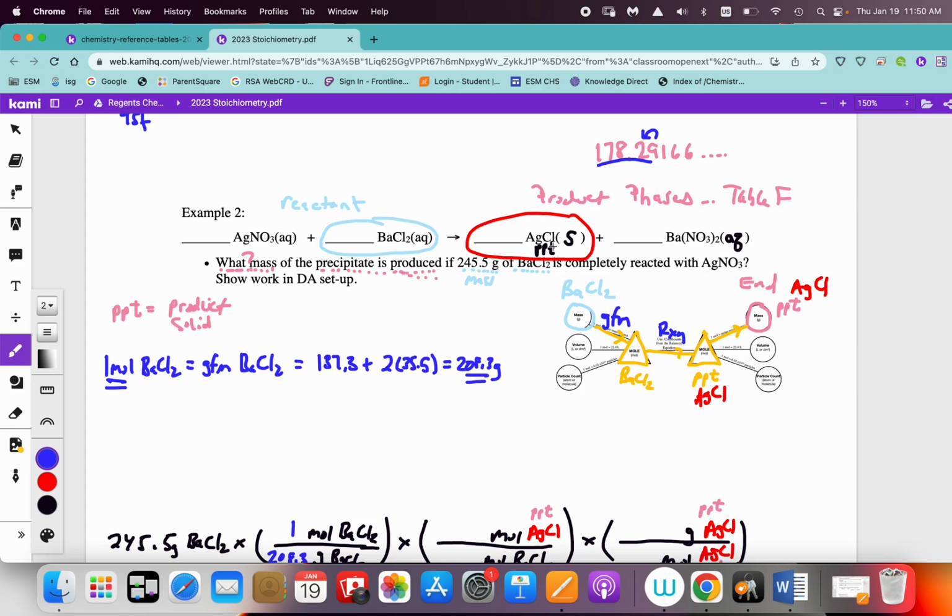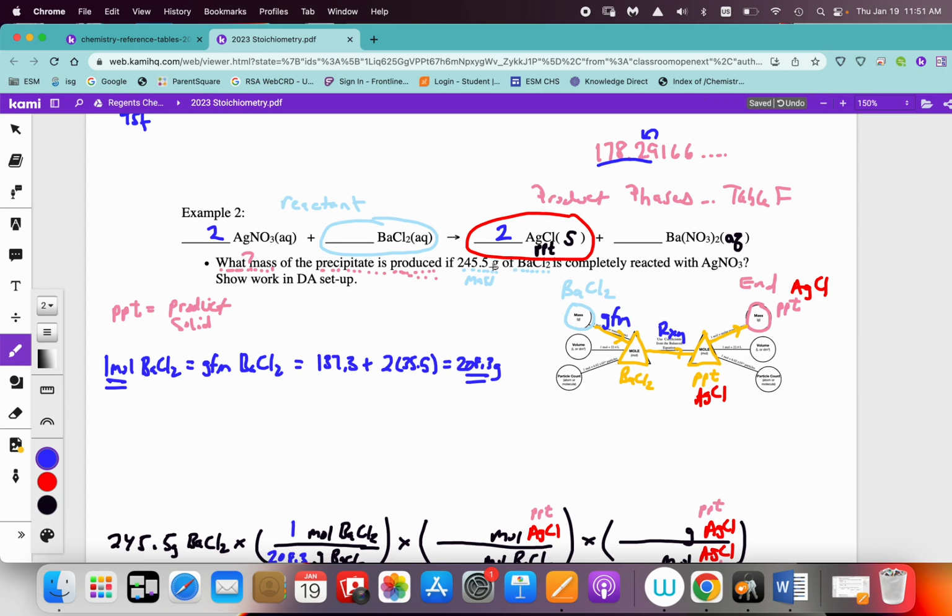So I'm going to fix that super quick by putting a coefficient of 2 in front of AgCl. When I do that, it makes my chlorine count match left to right, but now my Ag count doesn't. So now I have 2 Ags on the right. Come over, left only shows 1, so I'm going to put in a coefficient of 2 in front of AgNO3.